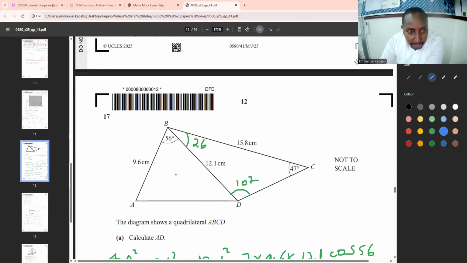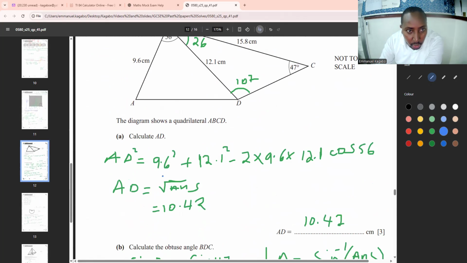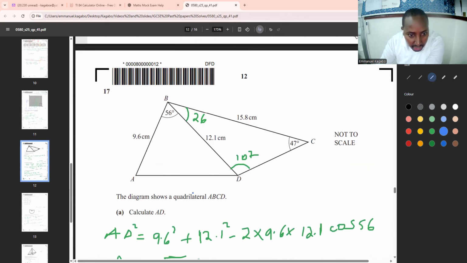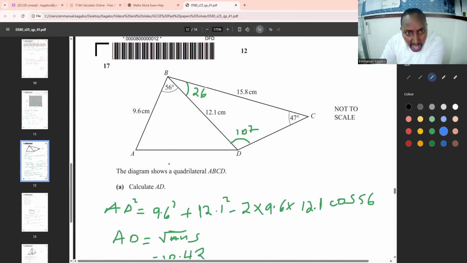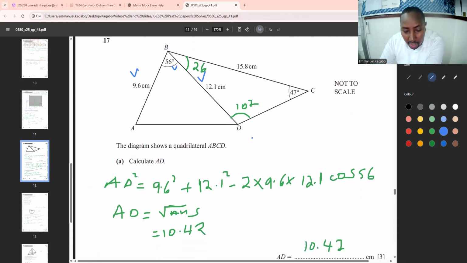Very good. Next. Sine rule, cosine rule. This is a triangle. Then they said find AD. Find AD. What do I have? I have this, this, and this. Whenever you have two sides, one angle, looking for the third side, it will be cosine rule. So that's why I did it. Do you remember cosine rule, guys?